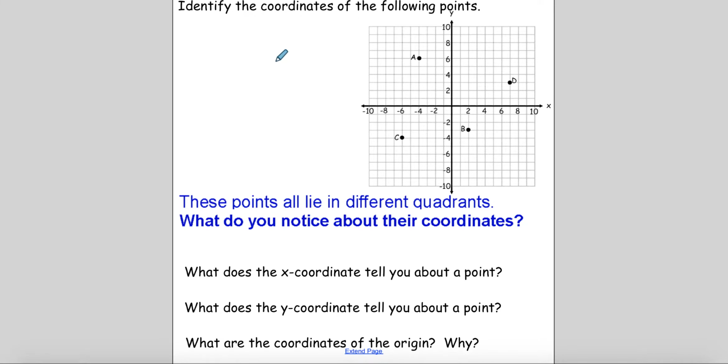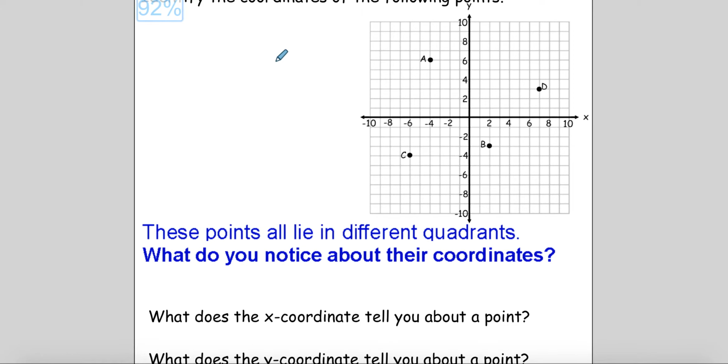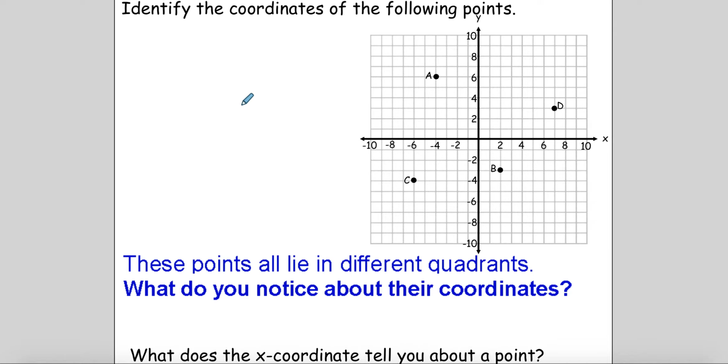Okay, so looking at this, we've got a Cartesian plane here, and we want to know what those points are. For this one, D is 7, 3: x, and then y. Let's actually do this in order.